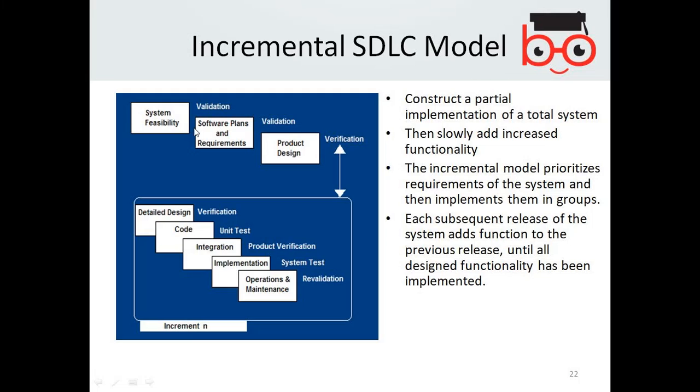Incremental is basically you start the system feasibility, then get the requirements, produce the design, and then you implement the design into little increments. For example, there are 10 forms to be designed, like 10 functionalities that need to be implemented.